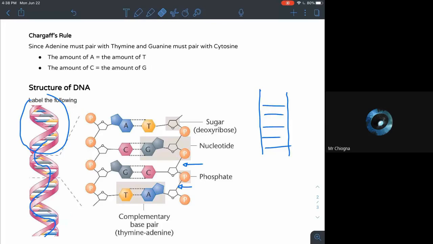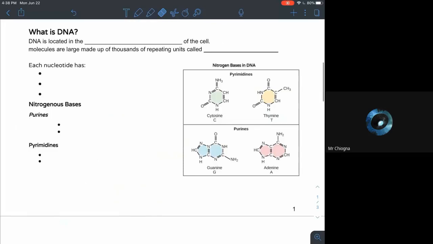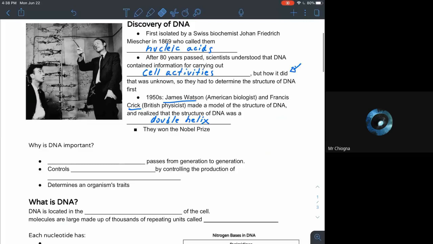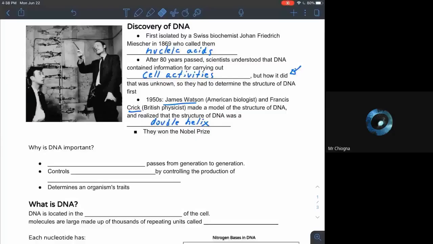Let's go back to the top. So why is DNA important? Because the DNA allows genetic information to pass from one generation to the next.